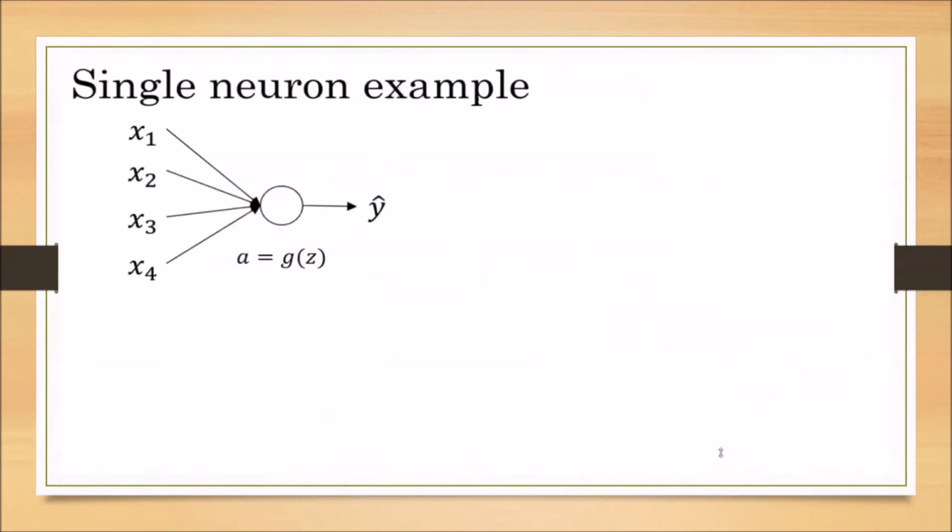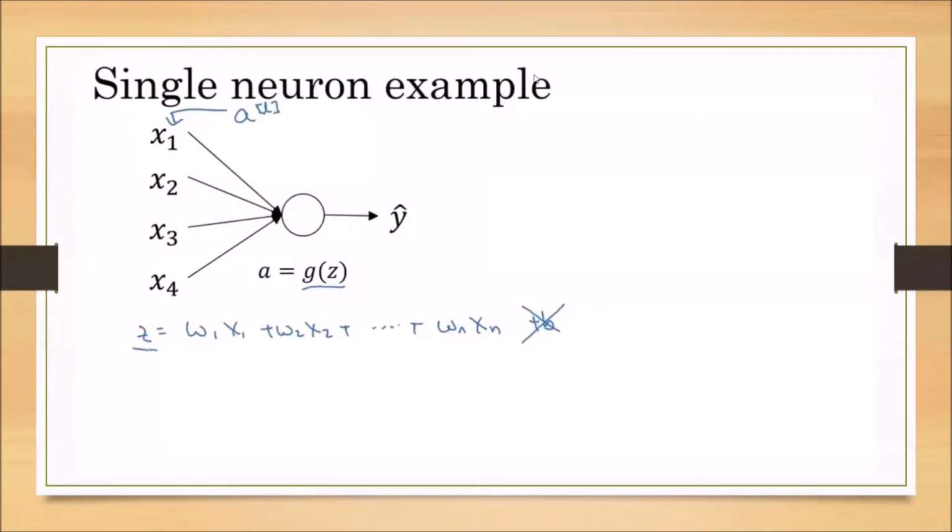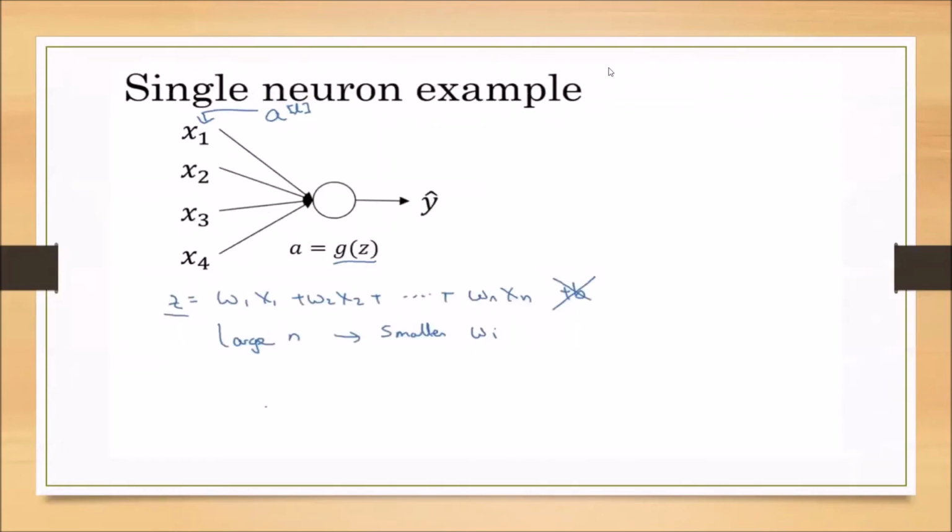We are taking a single neuron example, and whenever we take a layer of a neural network, we should vary the W compared to how many units are there in that particular layer. If the particular layer has more activation units, then the W value should be very small.